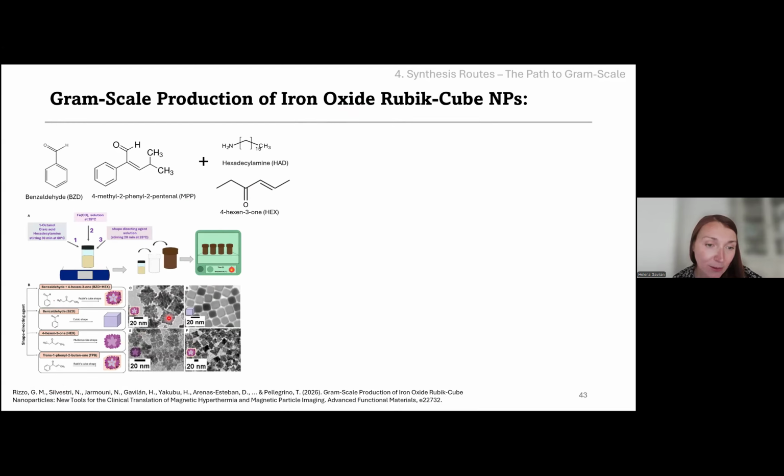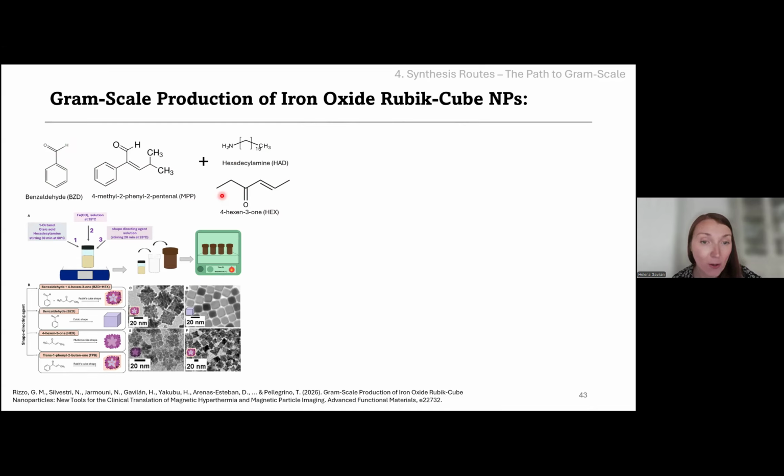Starting from the solvothermal route that I showed you, in which you use octanol, oleic acid, the fatty amine, and the benzaldehyde, for instance, or other aromatic aldehydes that were found to determine the cubic shape, you can use other ligands that were not studied before, which are ketones.